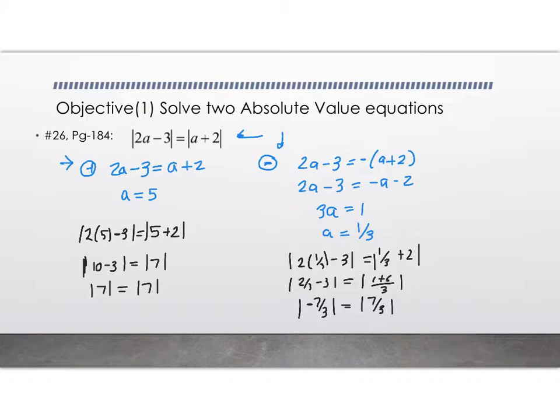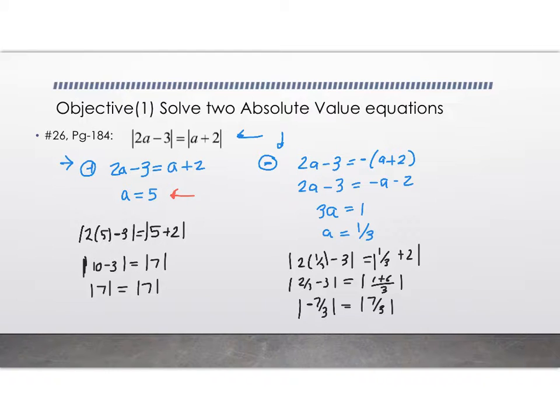So in this case, we have 2a minus 3 is equal to a plus 2. That's the plus portion. Now we add 3 to both sides, and we subtract a from both sides, and we end up with a is equal to 5. We're going to do the same thing with a negative.